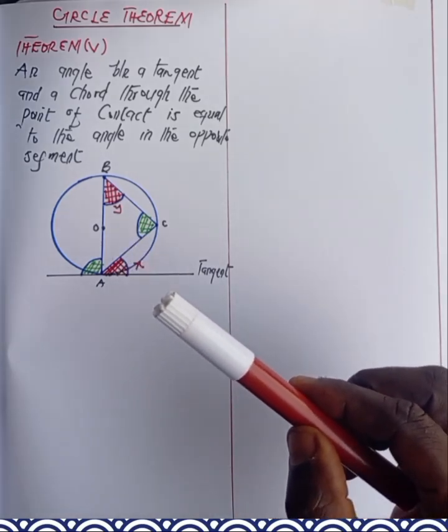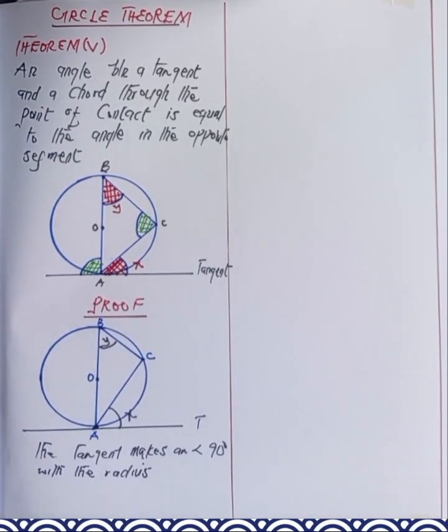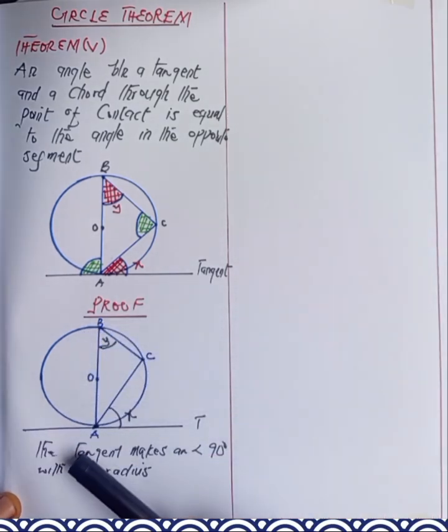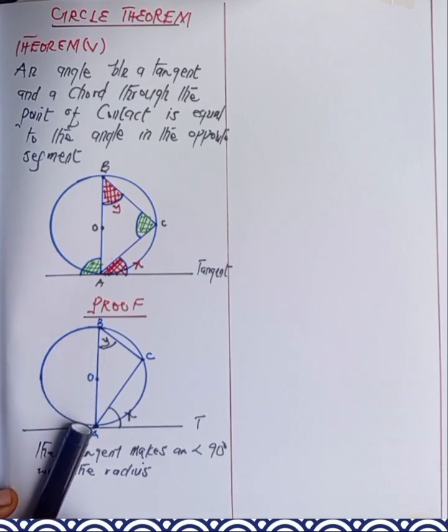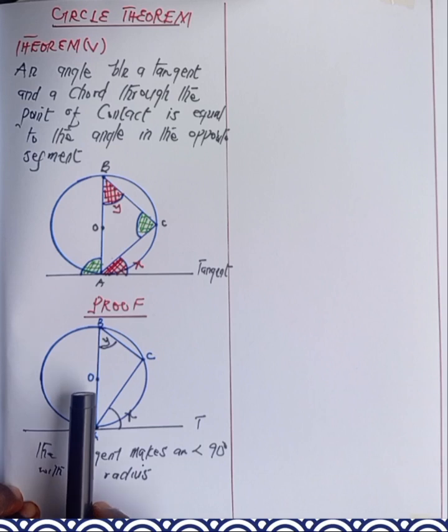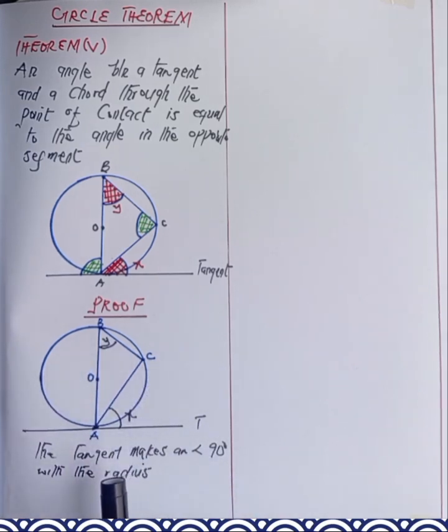Now let's see how best we can prove this theorem. Okay, so this is the diagram. Let's try to prove it. We can see that this is the tangent line, and the tangent line makes an angle of 90 degrees with the radius, because the radius is perpendicular to the tangent line, which means that angle OAC plus x should give us what? 90 degrees.